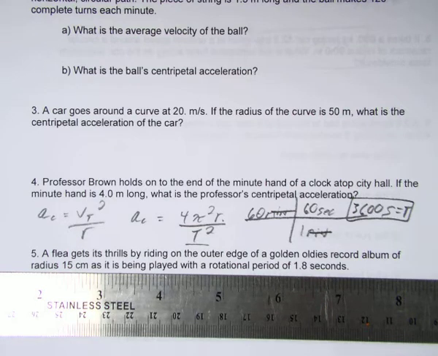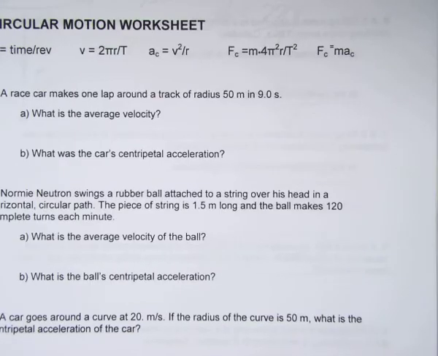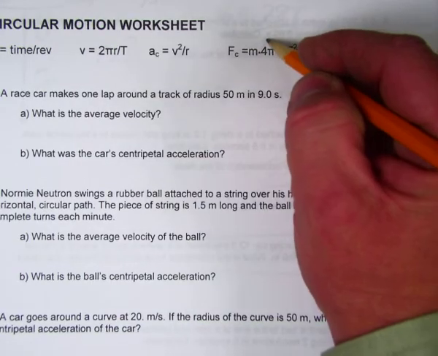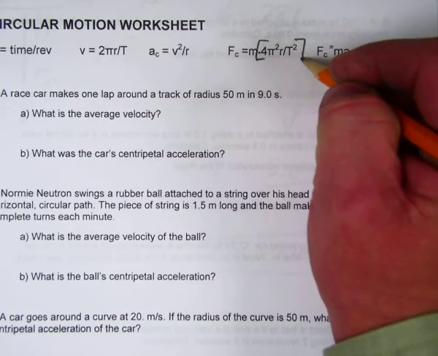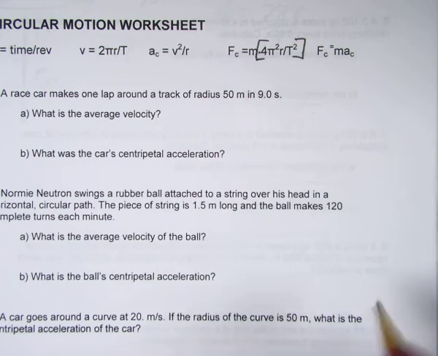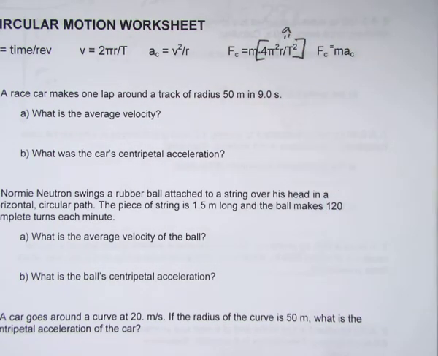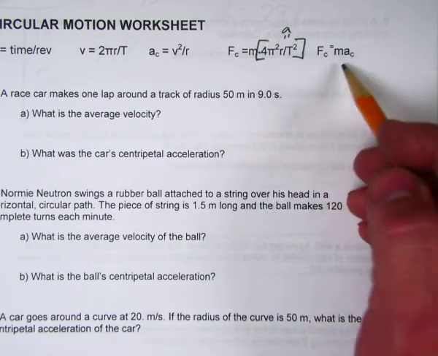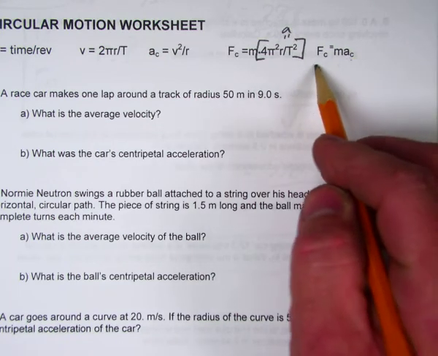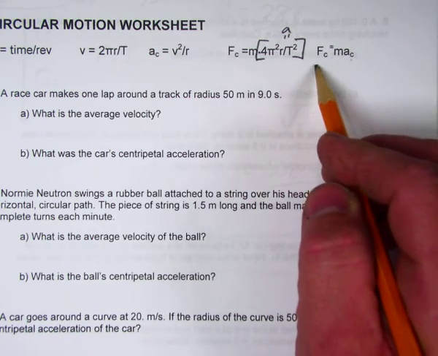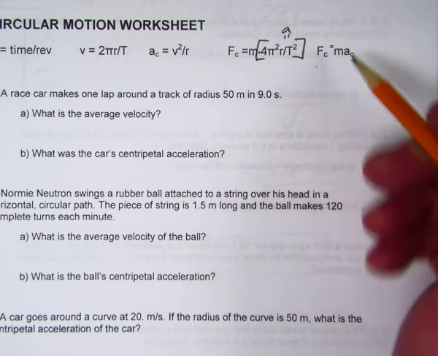I told you that this equation was at the top, but it's kind of hidden. If you look at that part of the equation, this part is acceleration. The equation right next to it says that mass times the centripetal acceleration is the centripetal force.